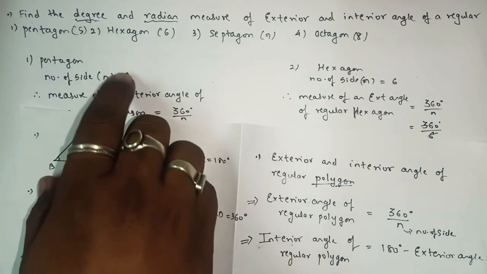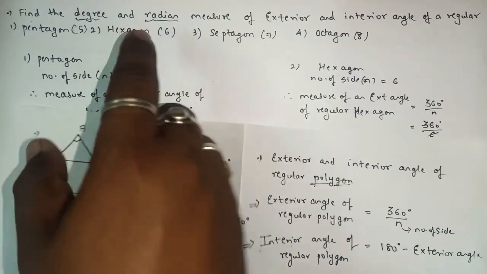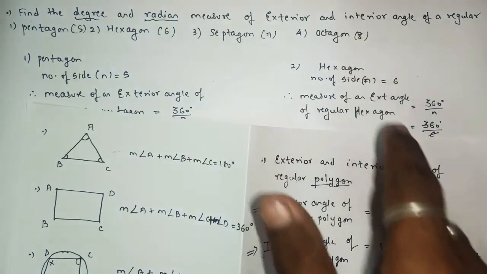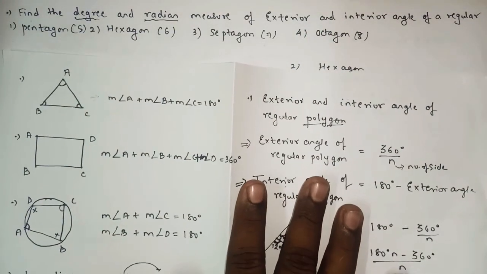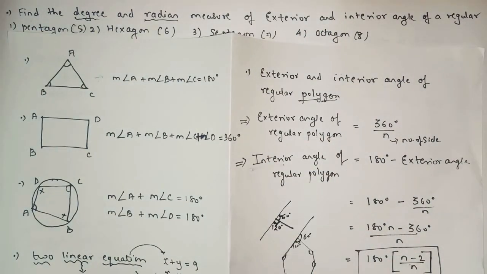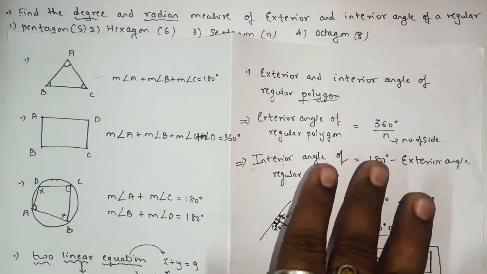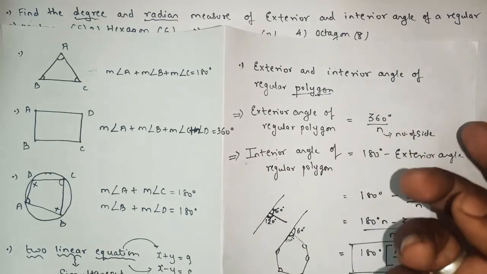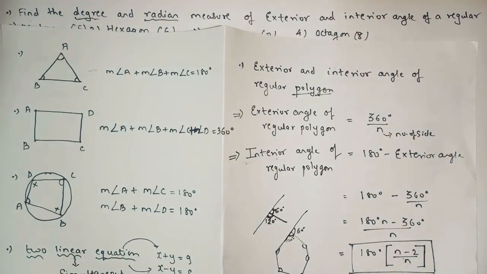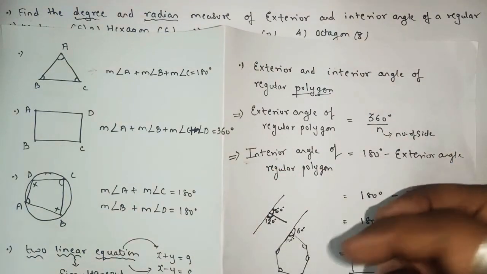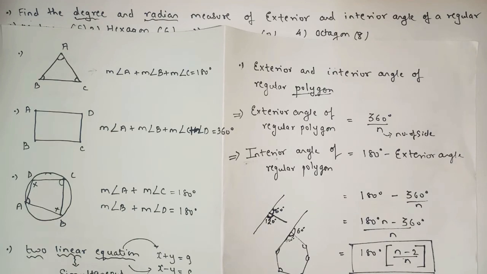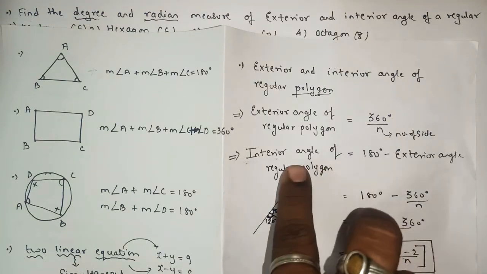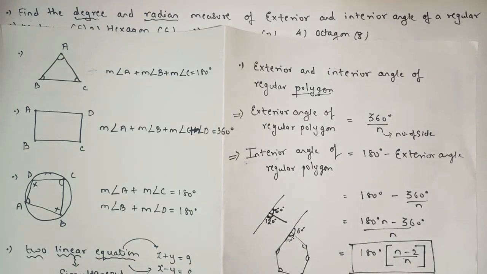For pentagon the number of sides will be 5, hexagon it will be 6, octagon it will be 8. There is one sum in the miscellaneous, I guess, where we have the interior or the exterior angle, and then we have to find the number of sides. So we'll take that sum and see how to find the number of sides when we have the interior or exterior angle.